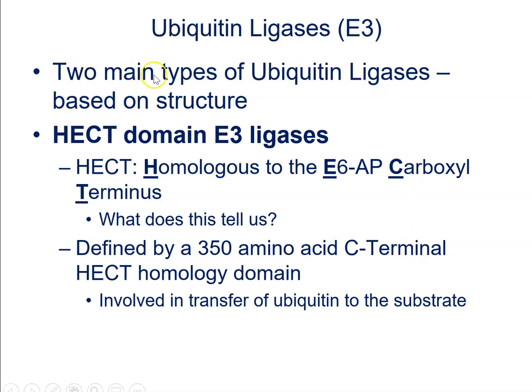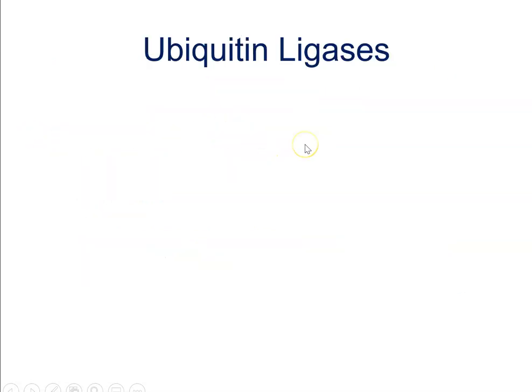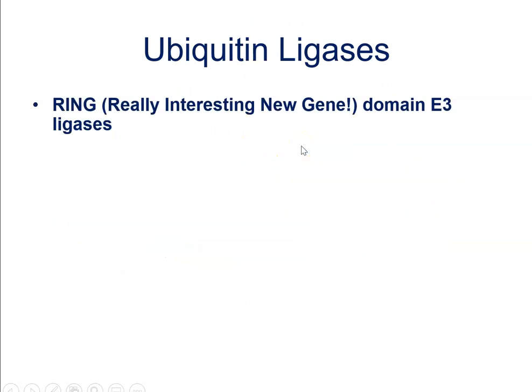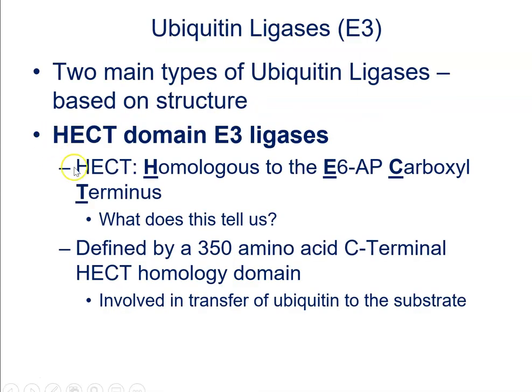So there are two major types of E3 ubiquitin ligases. We've got the HECT domain E3 ligases, and I'll come on to the RING E3 ligases next. The HECT domain ones are homologous to the E6AP carboxy terminus. For some people, that will mean something to you. It might depend on whether you did my piece of coursework and whether you've studied human papillomavirus.